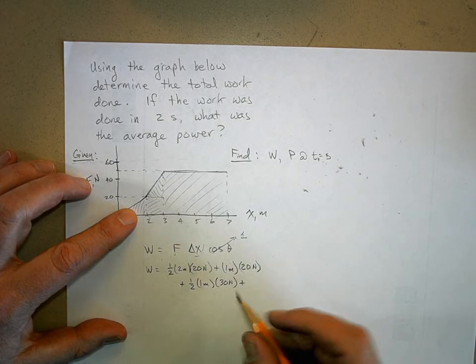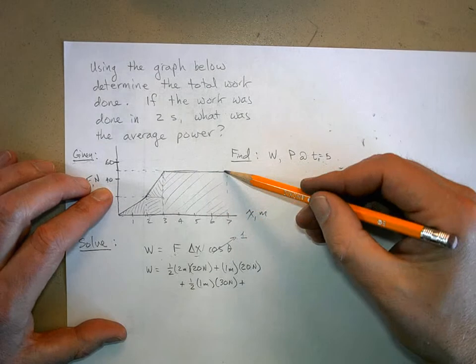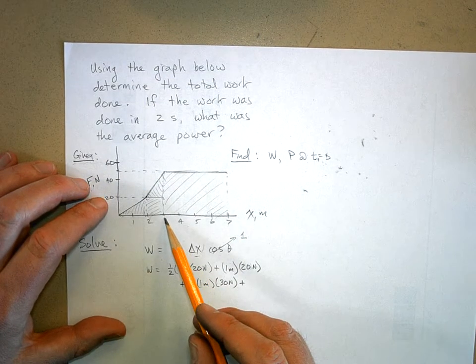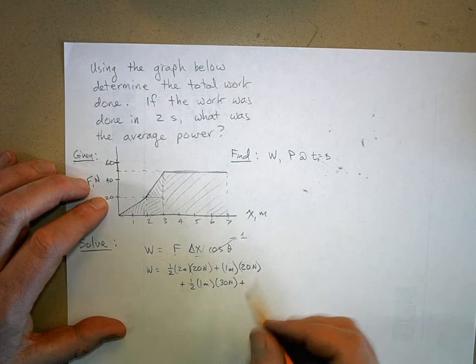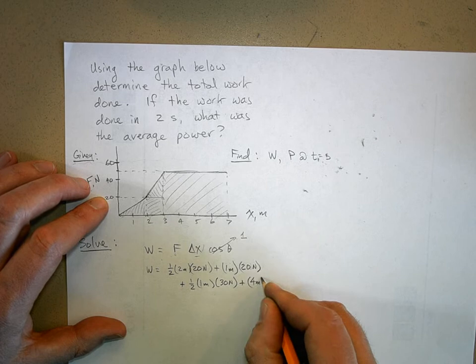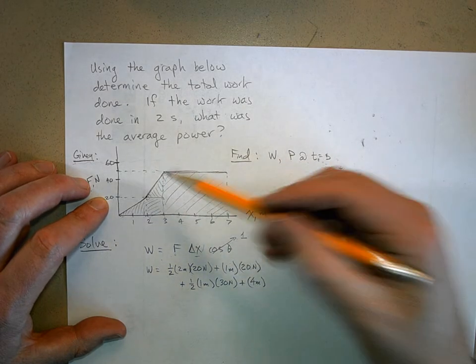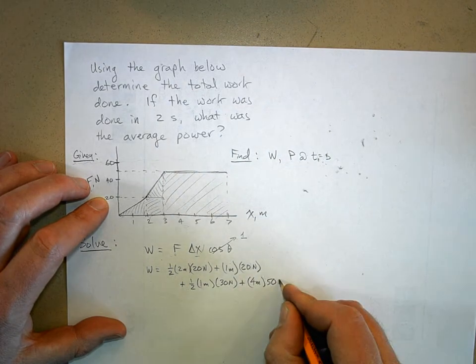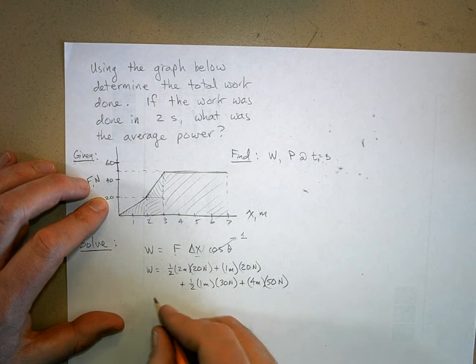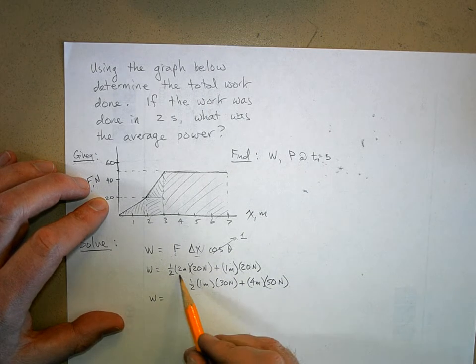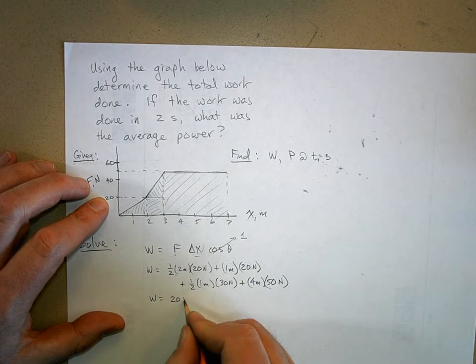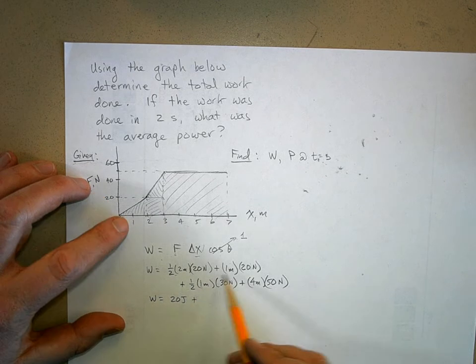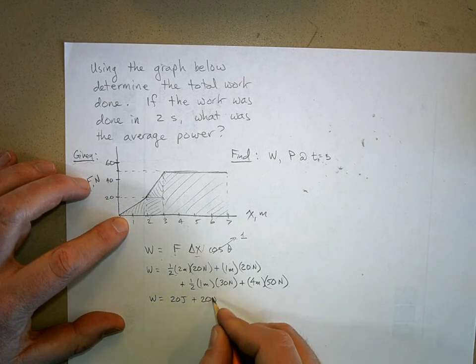And then plus, and now we have this big thing right here. And this is 1, 2, 3, 4. And it's a rectangle, so it's just 50. And so the work is, well, this is just 20 joules plus 20 joules.